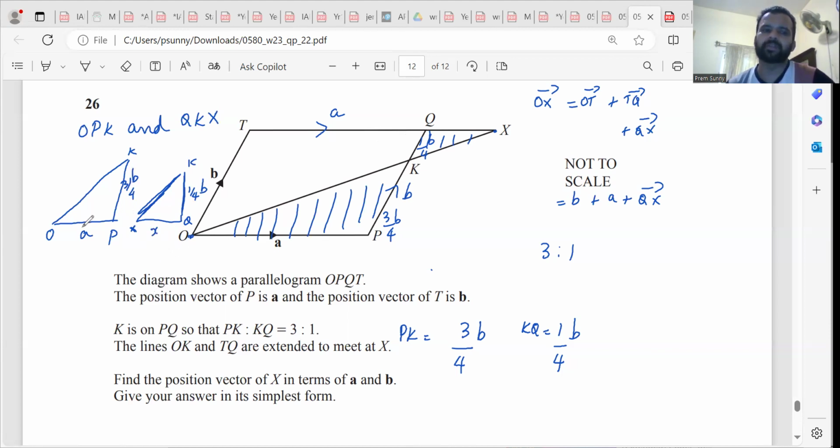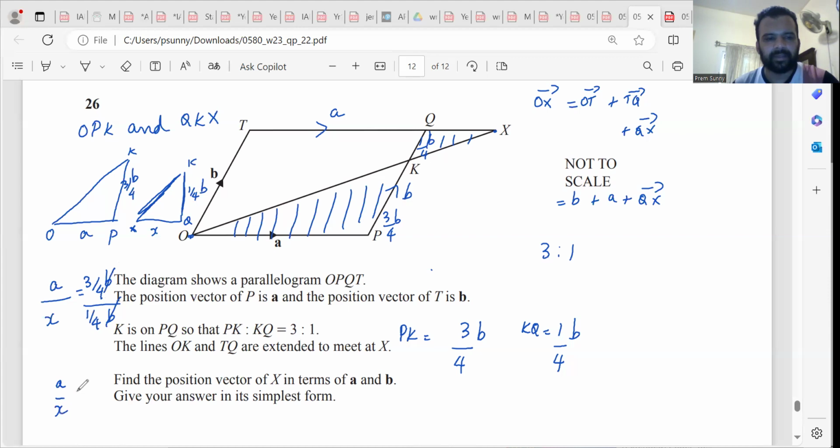So these are the two similar triangles we have considered, OPK and QXK. Now, A divided by its corresponding side for the other triangle, X, is equal to 3 by 4 B divided by its corresponding side, that is 1 by 4 B. B and B get cancelled.